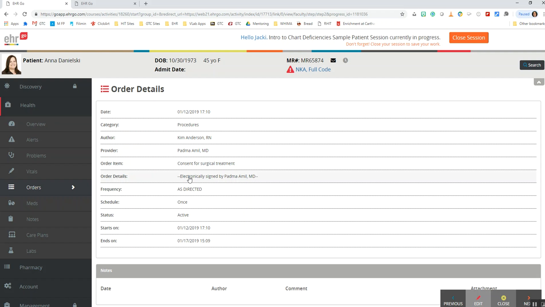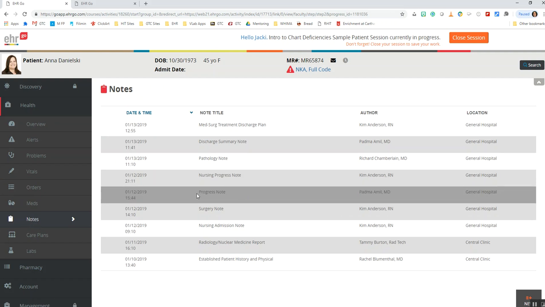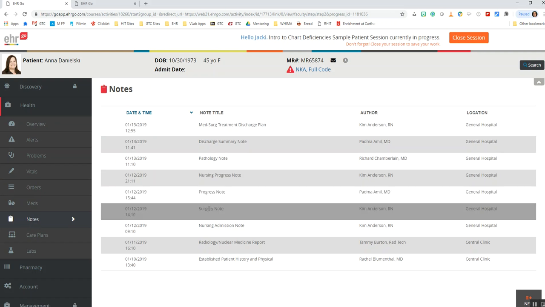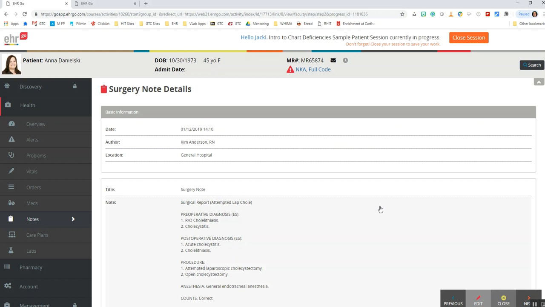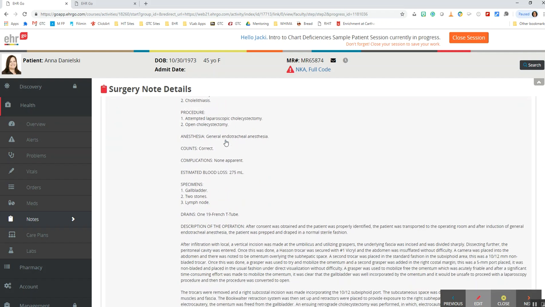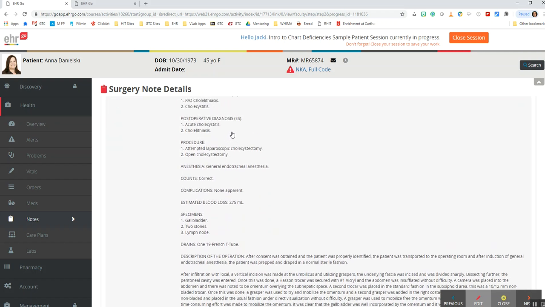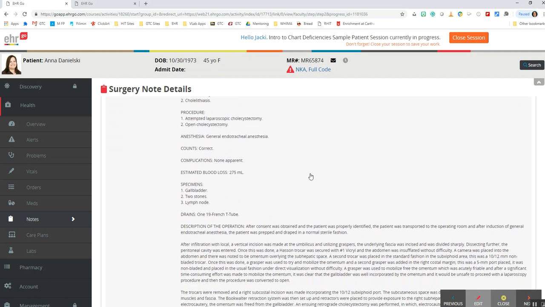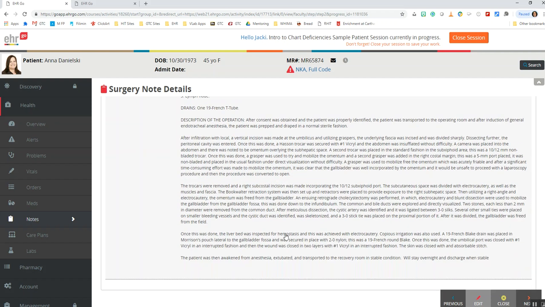Operative or surgical report. So we're going to go to our notes and we'll look at the surgery note. Now notice who dictated or authored this. This is the nurse. It describes the pre-op condition, the post-op diagnosis, what the procedure was, the anesthesia. It describes the entire procedure.